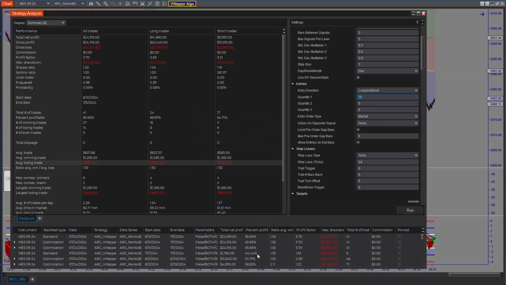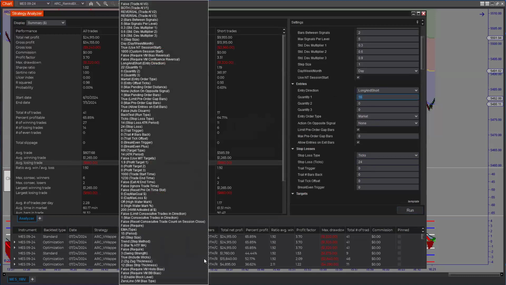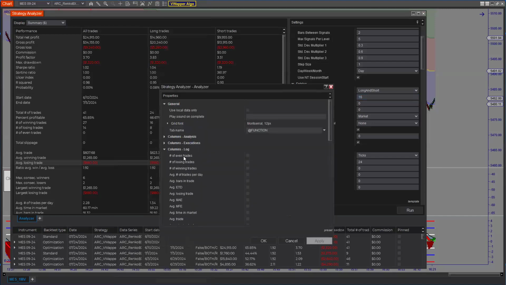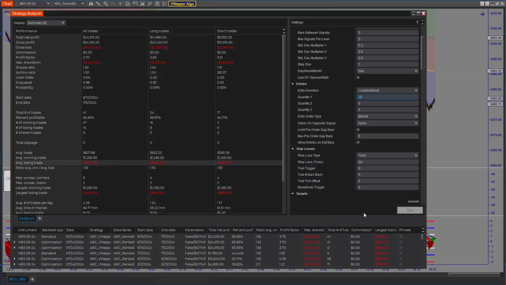I think even the first one might have had more contracts. But yeah, we ran 22. Let's see what our max loser was. Largest losing trade. There we go. So on that one was where?